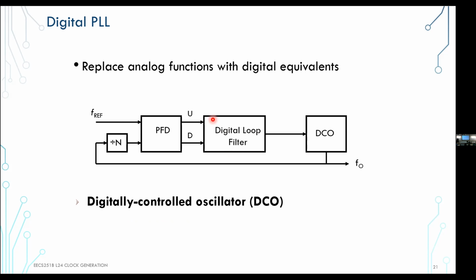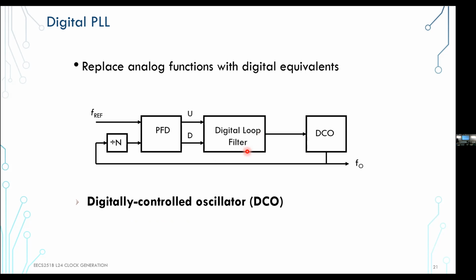So much more flexible implementation to adapt the bandwidth to, let's say, the conditions that are on the ground. Because remember, you never know, you're just predicting what the noises are. Ultimately, you'll find out what the noise is when you build it and put it in. So you would want to have an adaptive bandwidth PLL, which will kind of retune itself to minimize the noise in situ, ideally.